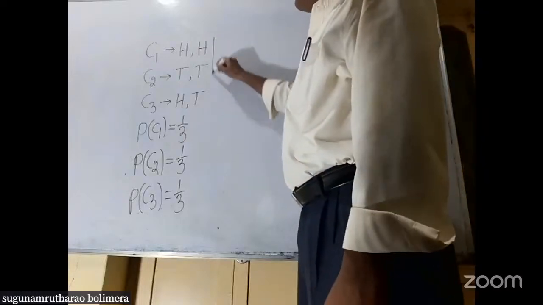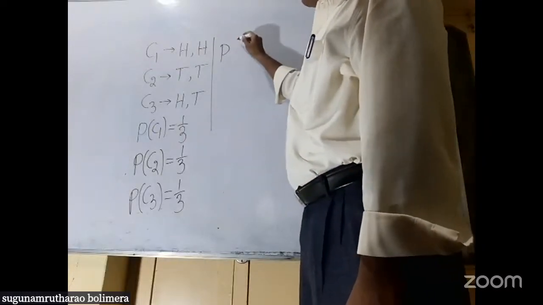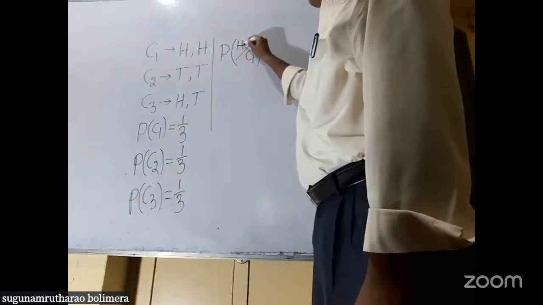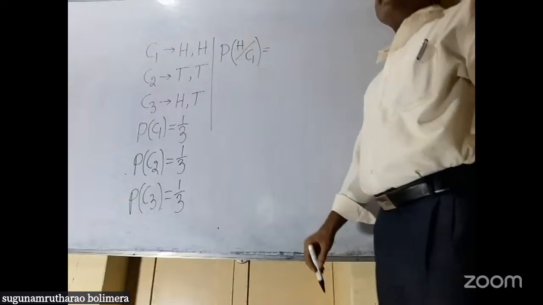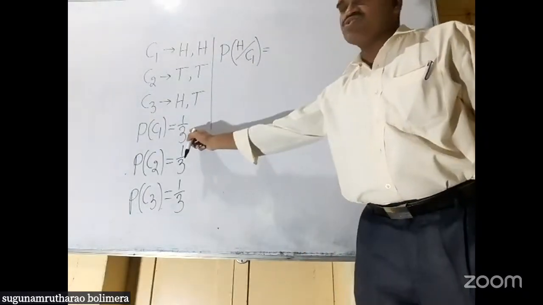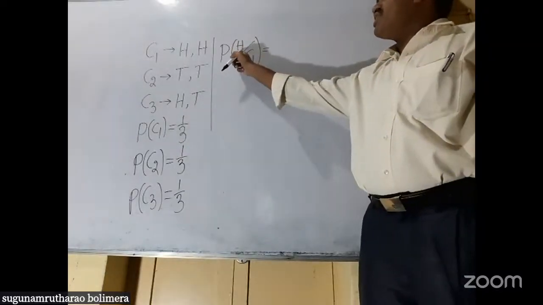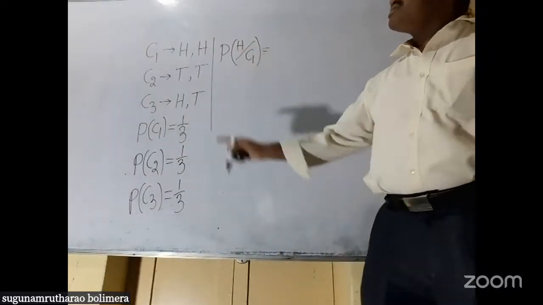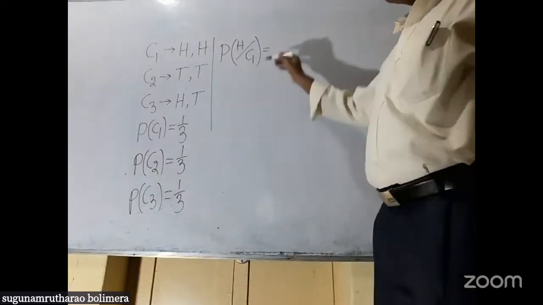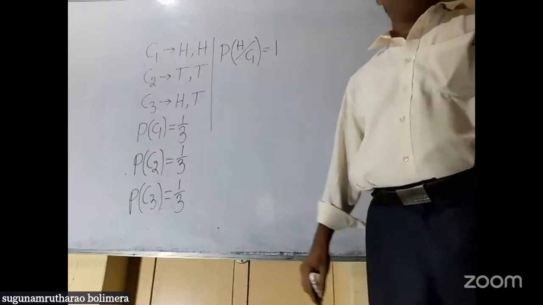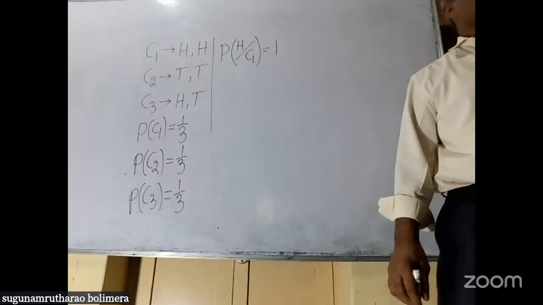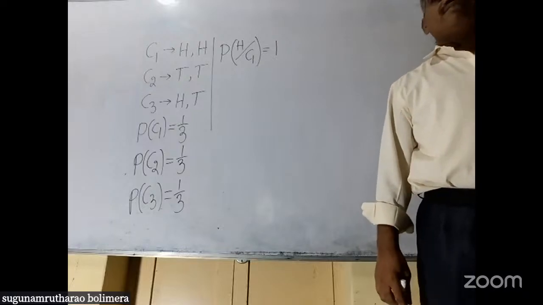If it turns up head, you may take C1. If C1 is chosen, what is the probability of getting head from C1? C1 is having both heads. Definitely you will get head because both the faces are heads. Yes or no?